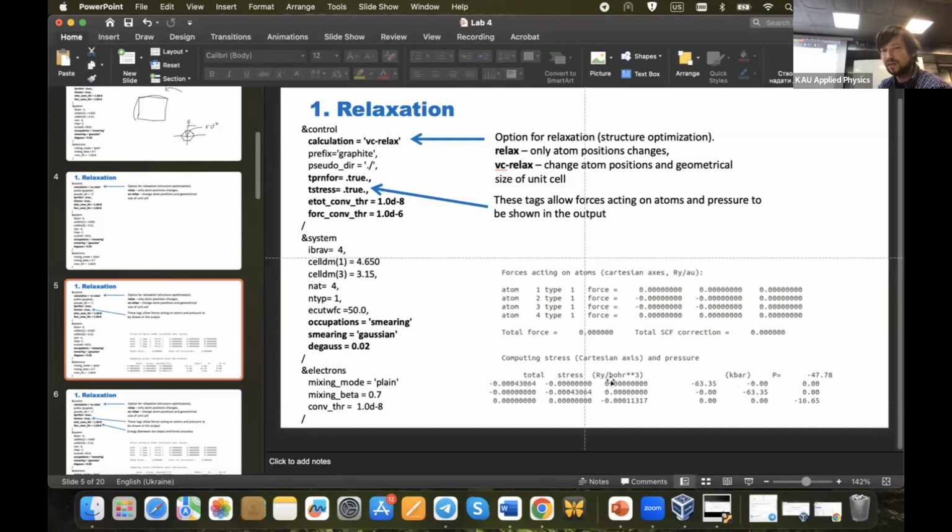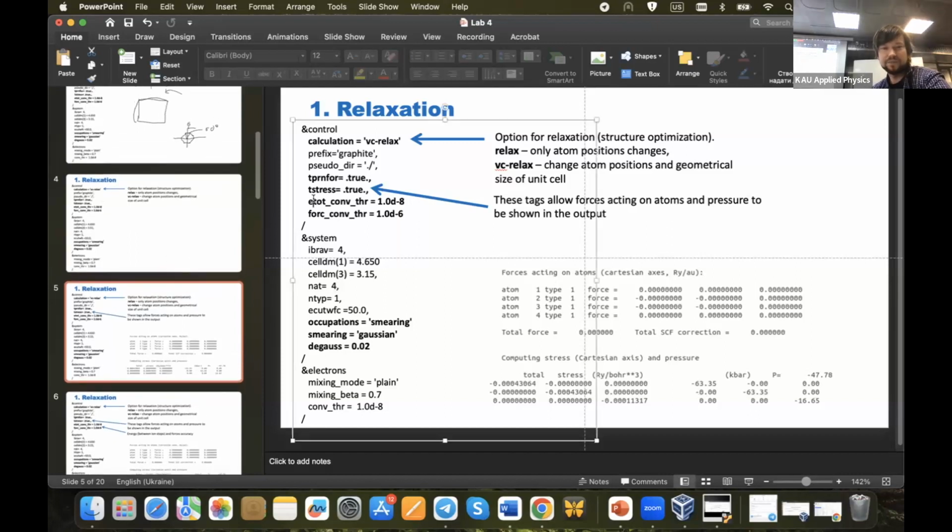It's in Rydberg divided by Bohr to the power of three, and here the equivalent in kilobars, 63 kilobars. It's rather huge. So our structure was hugely stressed with 63 kilobars when we took it from Materials Project.